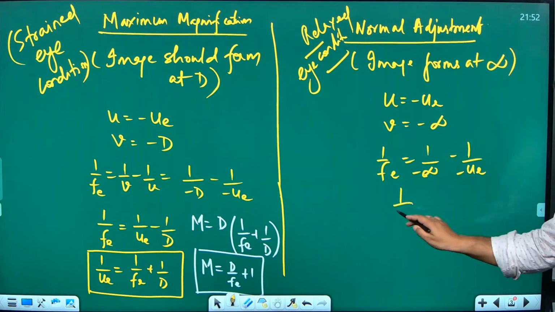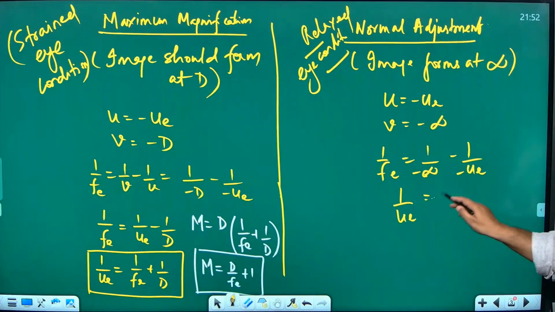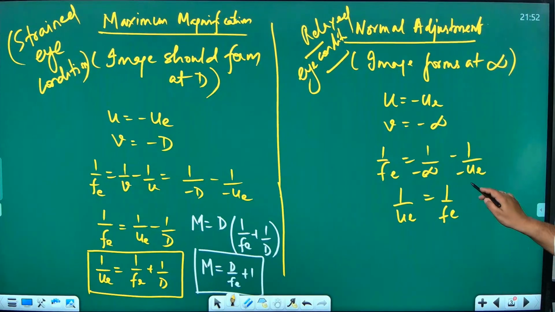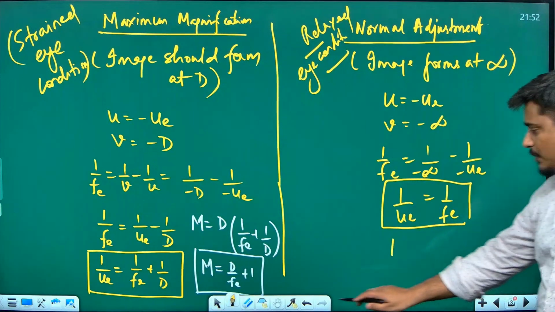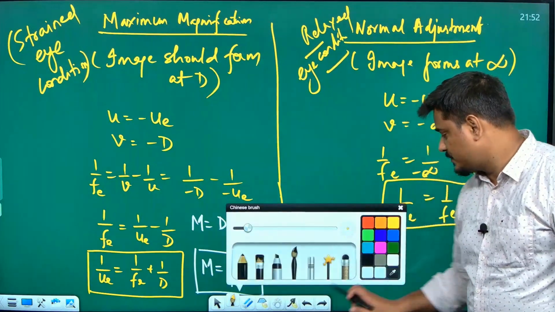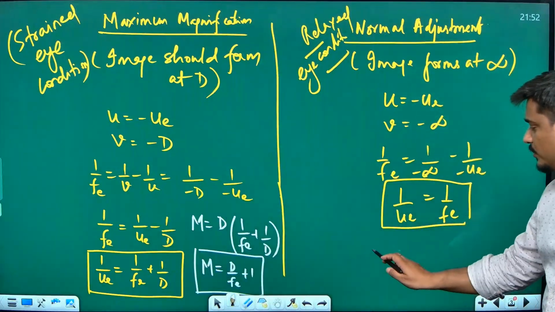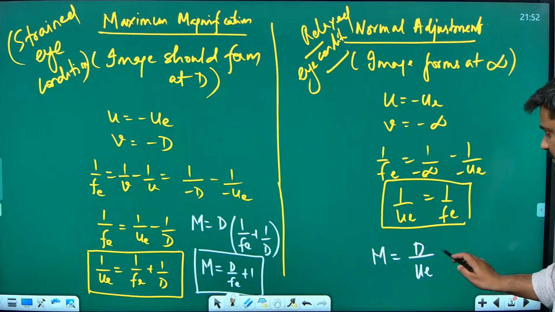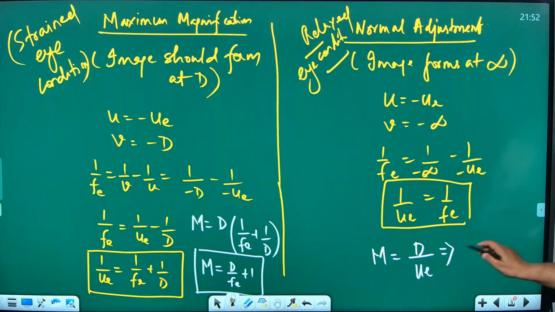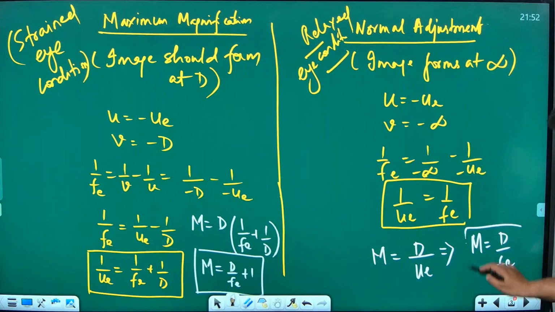So here 1 by v will become 0, and I get 1 by ue equal to 1 by fe. Put it in the formula. So I have magnification, m is equal to d by ue, which in this case will be d by fe. So magnification became d by fe.